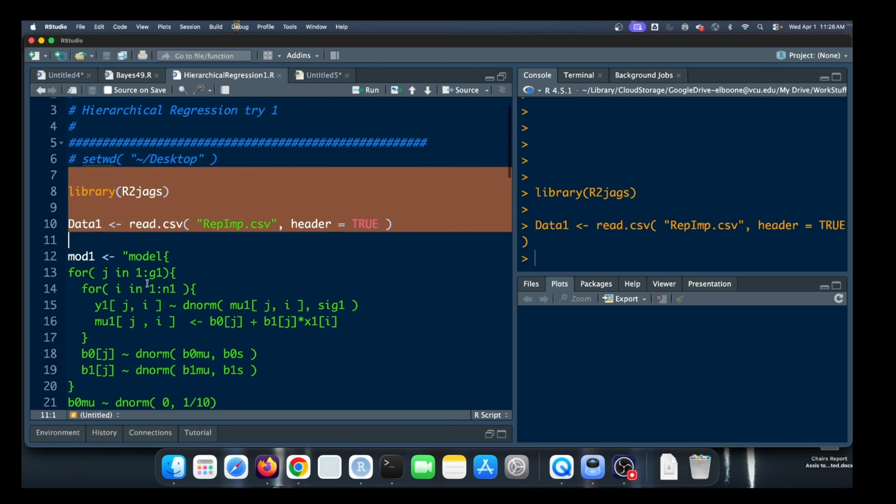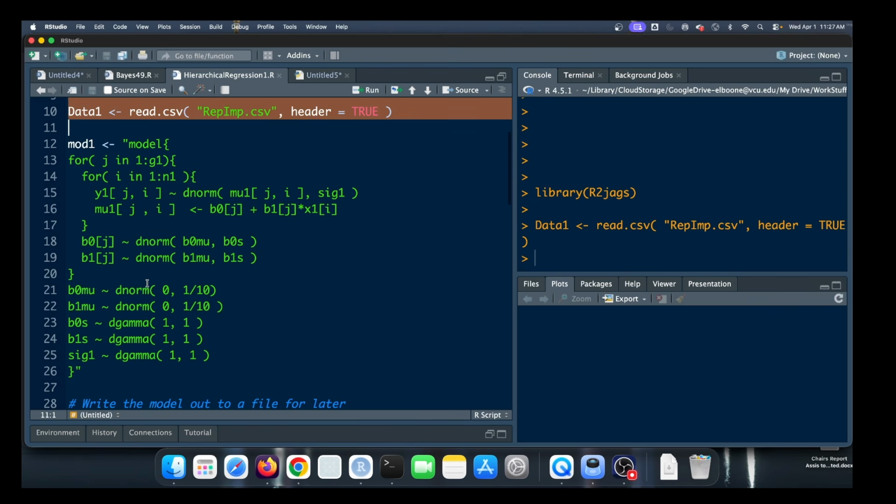The next thing I'm going to do is define the model, and this is where things get a little bit interesting. Because before we only had a loop for when i is in 1 to n1 in this case. Fortunately, in our data set, all of the g have the same number of n.